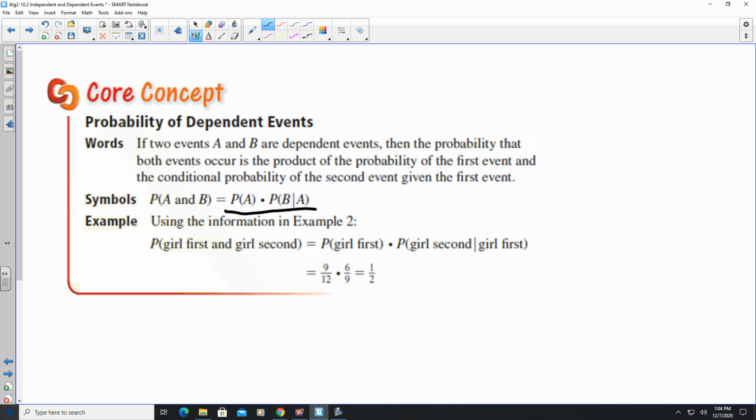So looking at this previous example here, the probability of you choosing a girl first is 9 out of 12. Then you multiply by the second one, and that one's going to be 6 out of 9, which gives you a total of 1/2. And again, we'll show you some other ones that would also work out in that particular scenario as well.